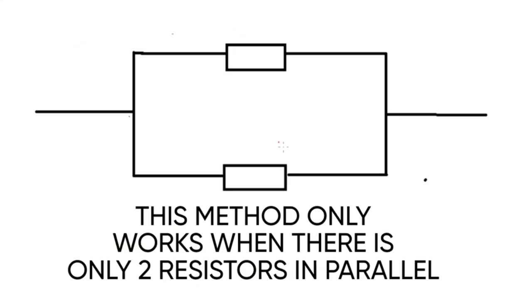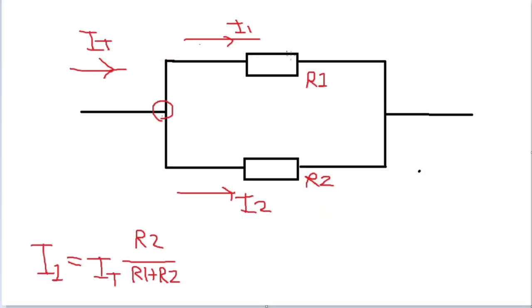One thing to mention before I explain this is that this formula only applies when there are two resistors in parallel. So let's say you wanted to find the value of I1, and the only known values you had were R1, R2, and I total.